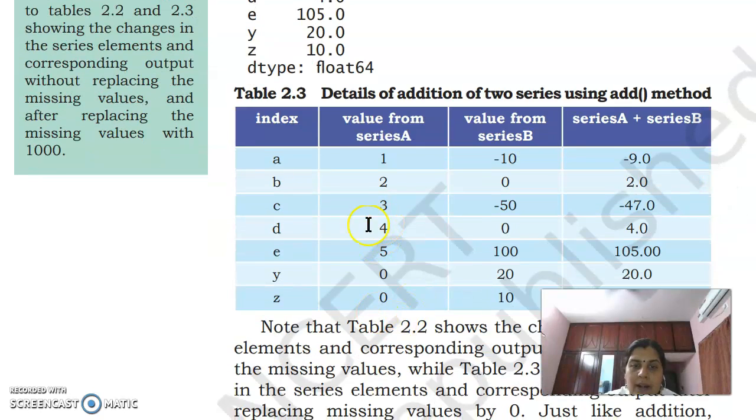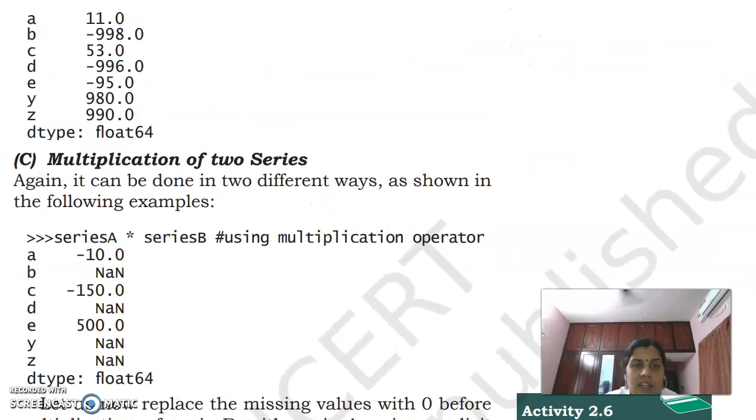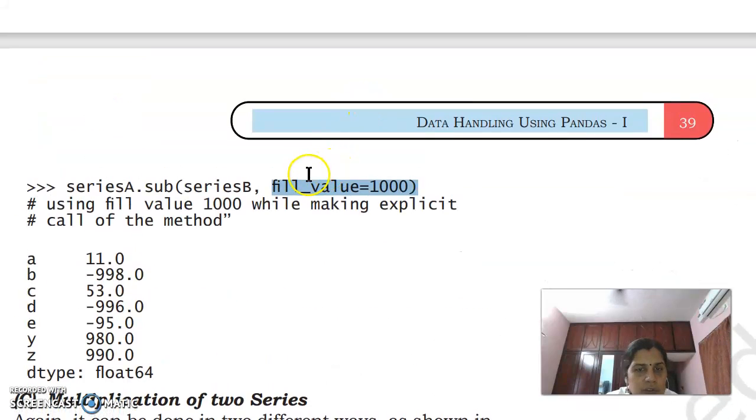Suppose this is the example, 4 minus 1000 in the dth position. What will be the output? 4 minus 1000 is minus 996.0. So here also we use fill underscore value, just the same as addition. The only difference is here we are using the minus operator. Fill the value according to our wish.